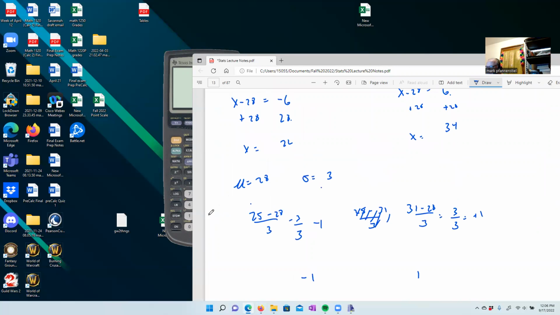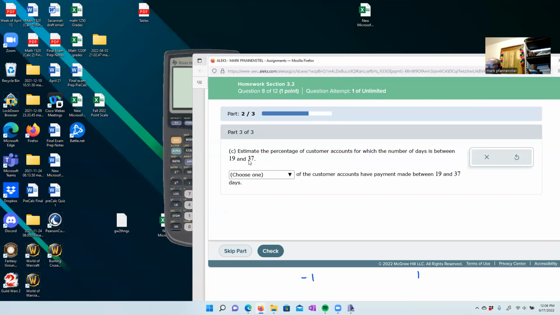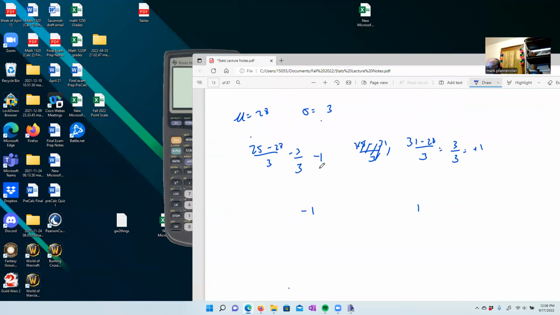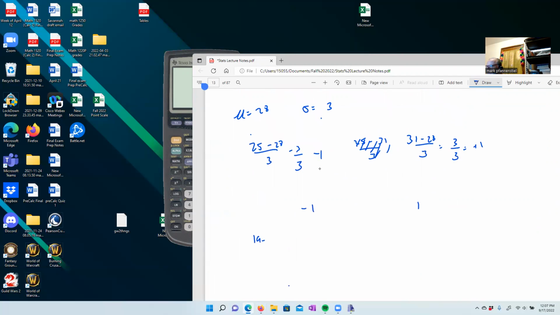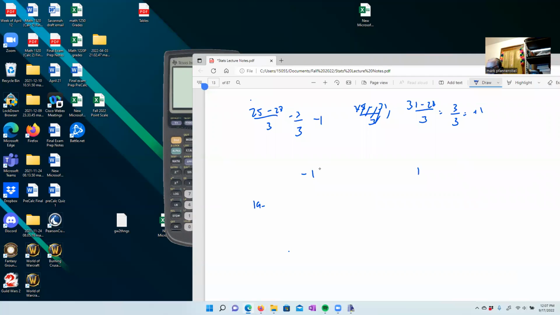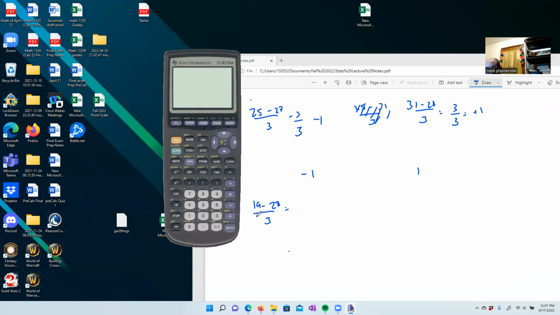So we want 19 and 37. We want 19 minus, what was my average? It was 28, divided by 3. So what is 19 minus 28? It strikes me that should be 9.